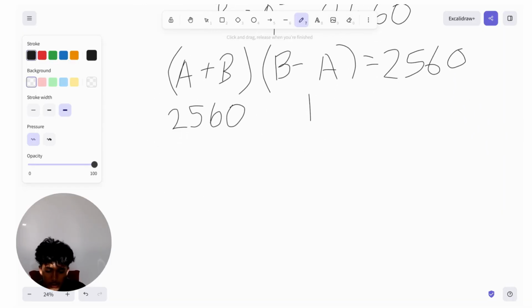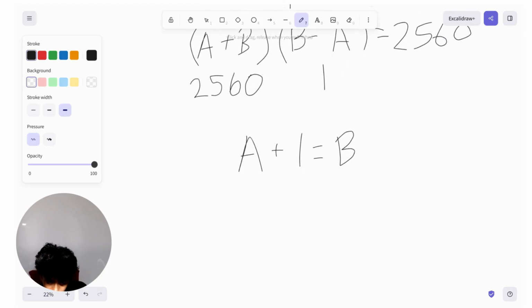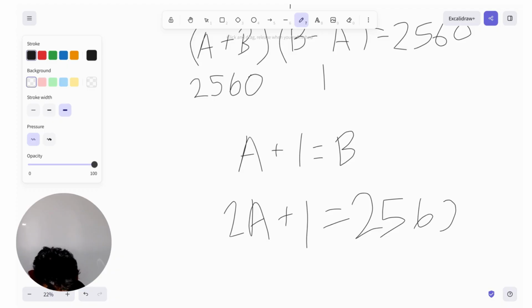Now, while this may look like it works, you're going to notice that it doesn't, because since b minus a is equal to 1, that means that a plus 1 is equal to b, meaning that we can rewrite this as 2a plus 1, which is equal to 2560.